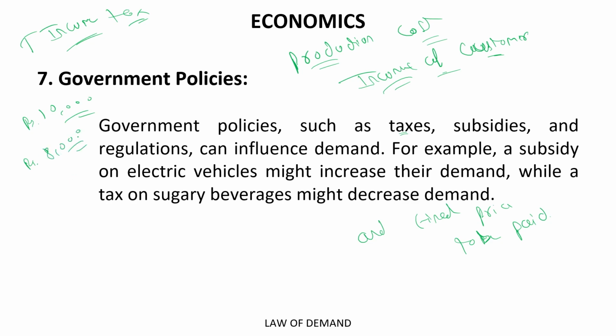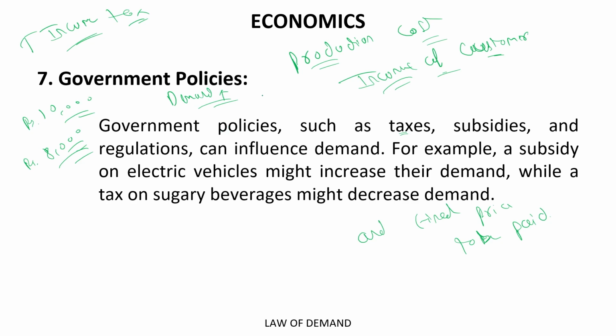His income is reduced, and when the income is reduced, the demand will go down, because he cannot afford to buy too many things. But in the second case, if he was earning 8,000, but due to relaxation on the income tax, now he is earning 10,000, then he will try to buy more things, and the demand will go high. So that is the income of the consumer.